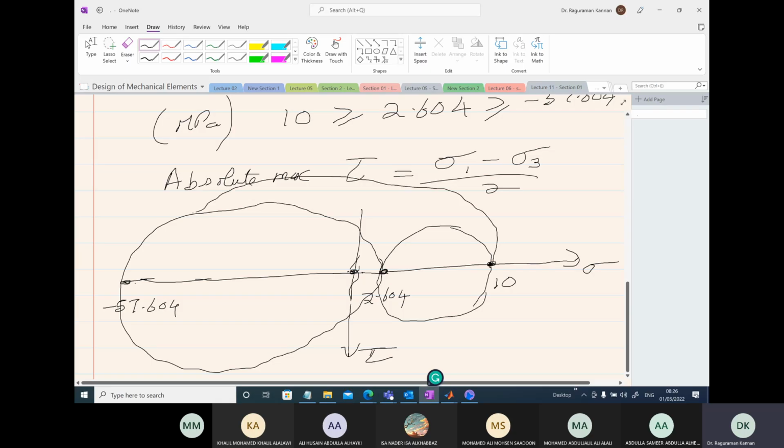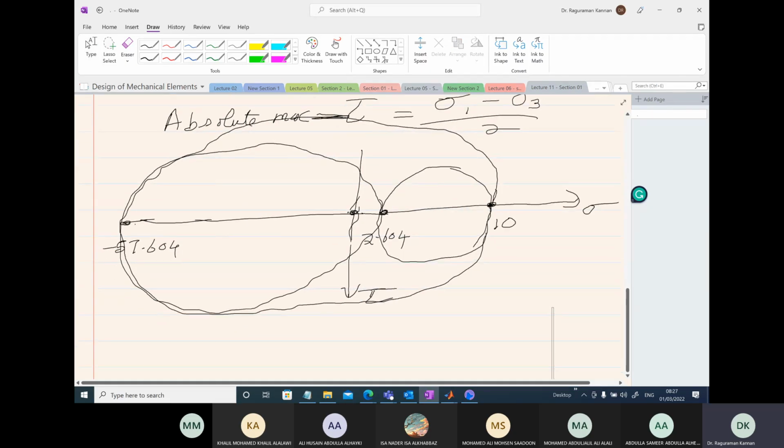And then there is the third circle, which goes like this through the extreme points. The absolute maximum shear stress will be from the larger circle here, the maximum value. The diameter of the outer circle is given by sigma 1 minus sigma 3 over 2, and that gives you the maximum shear stress. We will talk about Mohr circle in detail later.